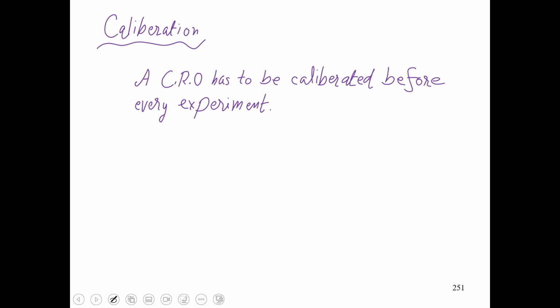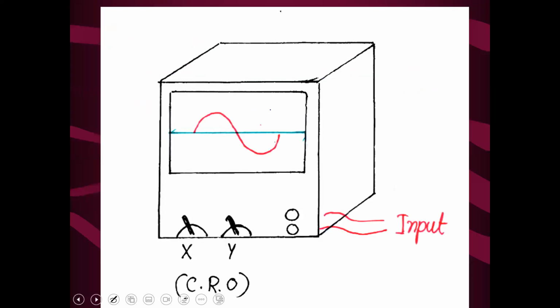Done. This is the output. You have to copy this screen.